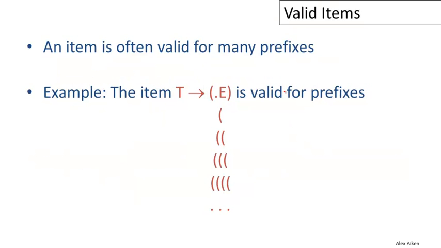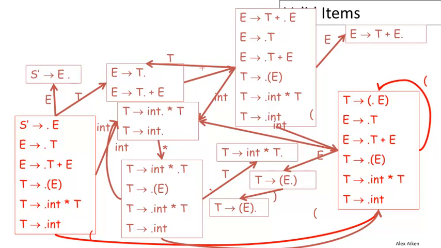Now an item is often valid for many, many prefixes. So for example, the item T goes to open paren dot E close paren is valid for all sequences of open parens. And to see that, we can just look at our automaton and confirm that if we see an open paren, remember this is the start state, so if we see an open paren, we take this transition, we wind up in this state here, and then every open paren we see, we just go round and round in this state.